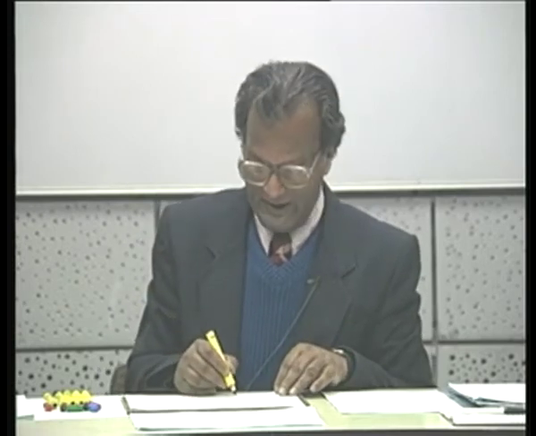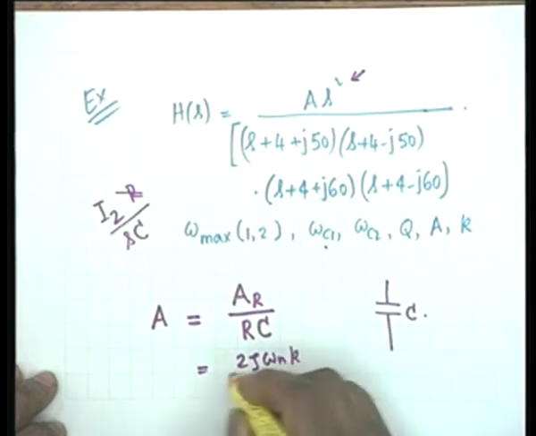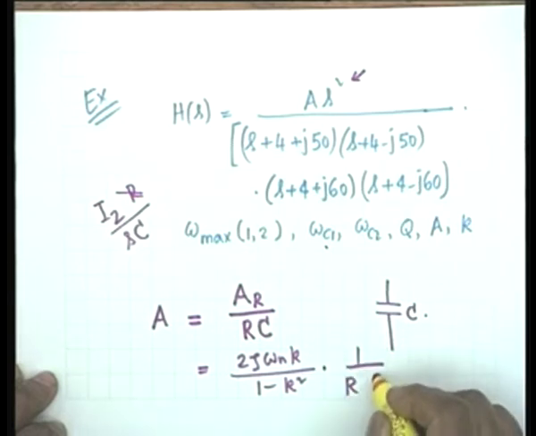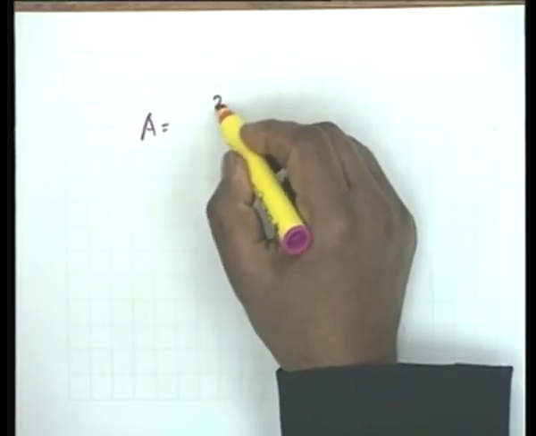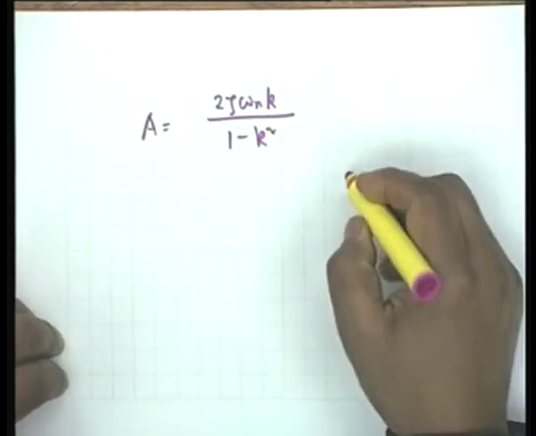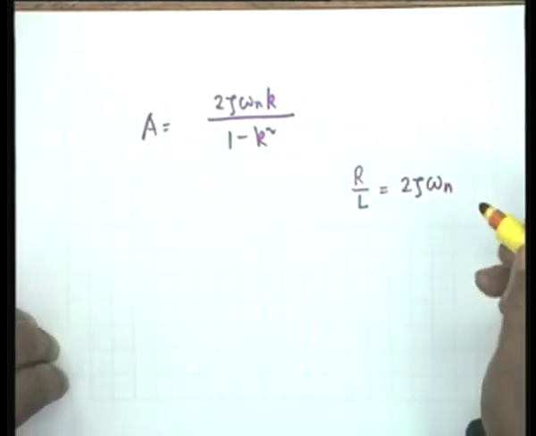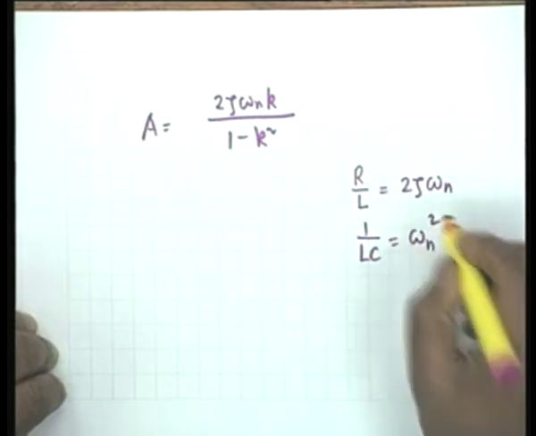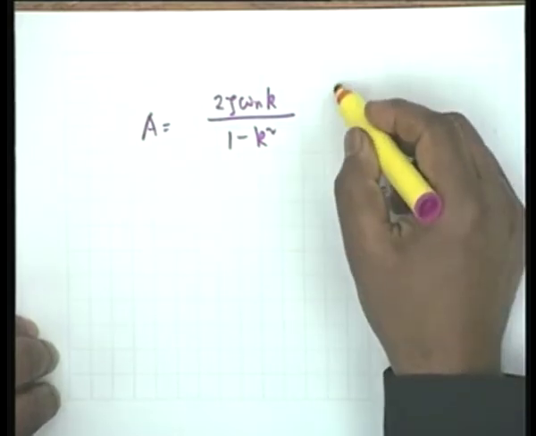So our A_R, if you recall, is twice zeta omega n k divided by 1 minus k squared multiplied by 1 by RC. So A in this case shall be equal to twice zeta omega n k divided by 1 minus k squared. You also recall that R by L is twice zeta omega n, and 1 by LC is equal to omega n squared. Therefore, this R and C can be replaced in terms of their equivalent values.